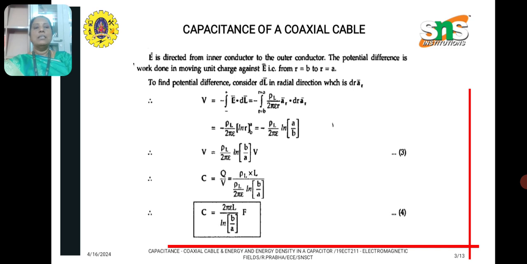We have the integral from r equals b to a of 1 by r dr, and we know the integration of 1 by r dr is ln r, the natural logarithm of r.